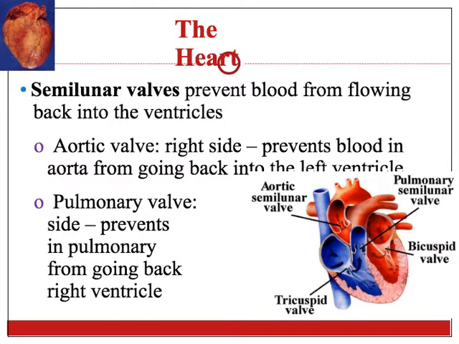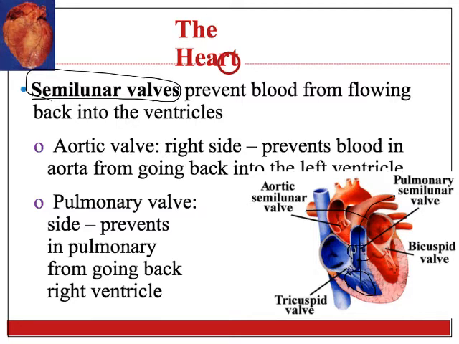And then the other type of valve we have are the semilunar valves, and they're called this because they're kind of shaped like half crescent moons. They are at the exits of the ventricles. So here I have my right ventricle. When the blood exits this, it's going to go out this structure right here.